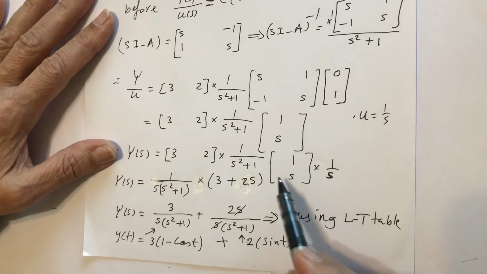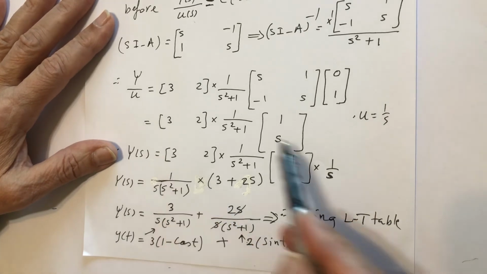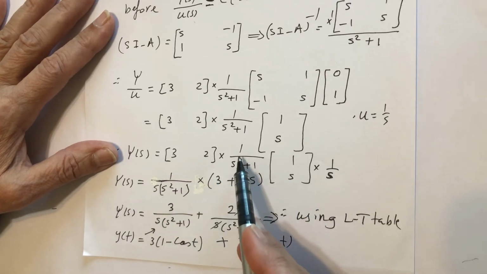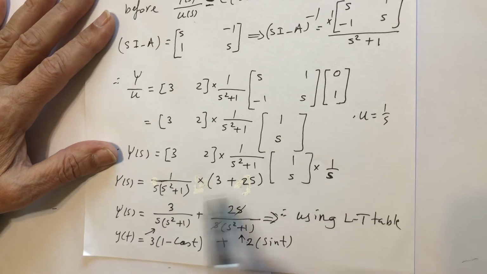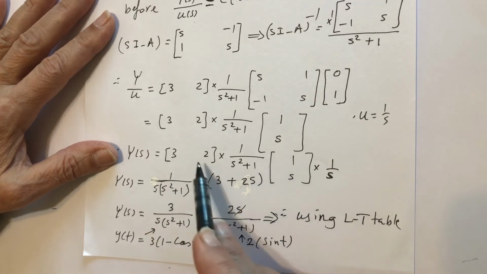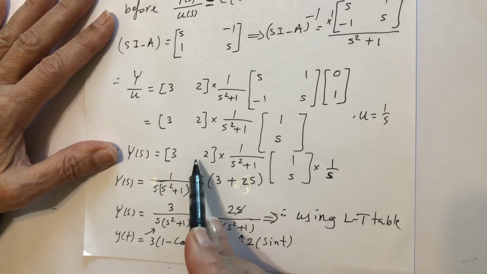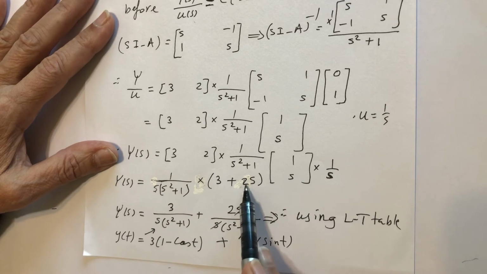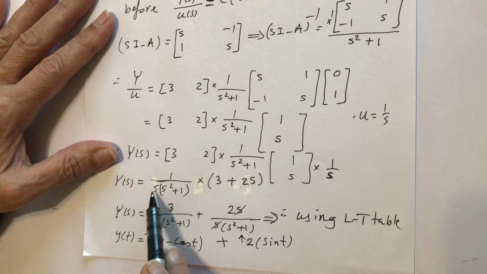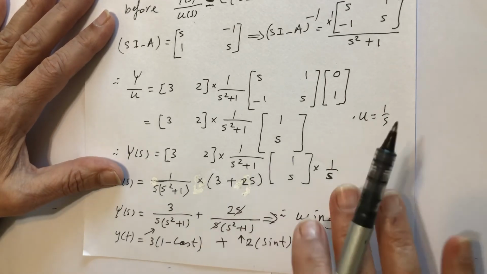Now what do we do? If I multiply this by this, it will be 3 times 1 plus 2 times s. So I have 1 over s, this s I brought here, 1 over s times s squared plus 1, and that one times that one. This 3 times 1 is 3 plus 2 times s, 2s. So I have the transfer function equal to 3 plus 2s over s times s squared plus 1. So what do we do?